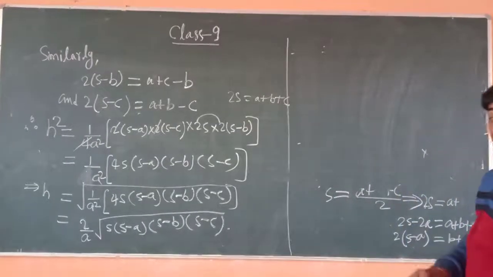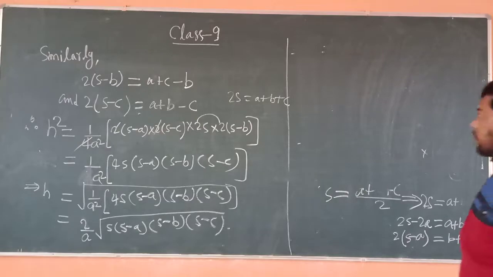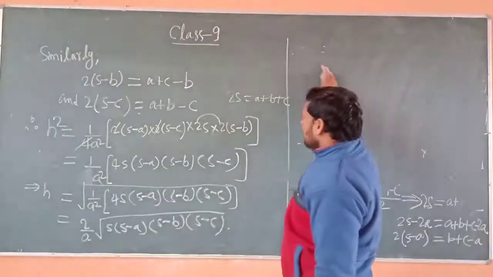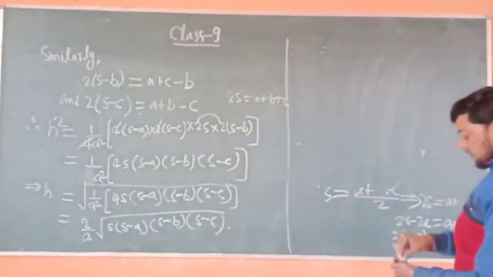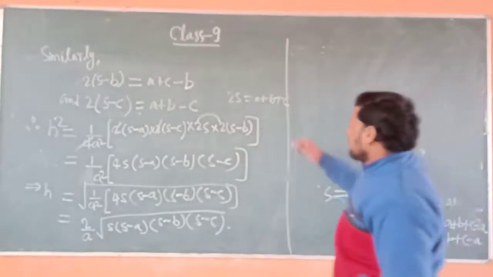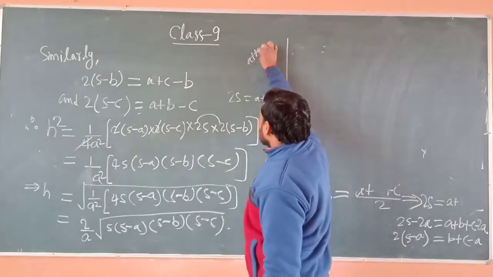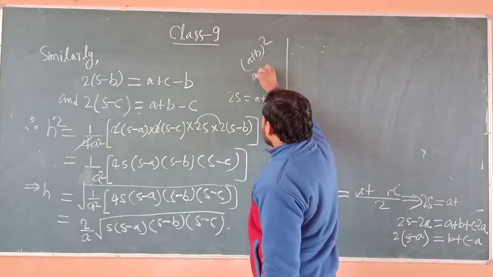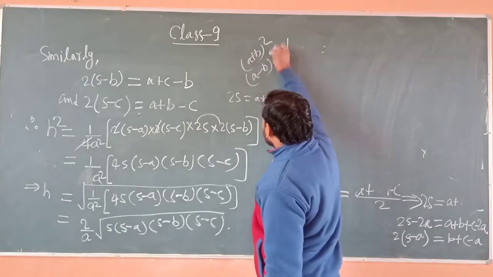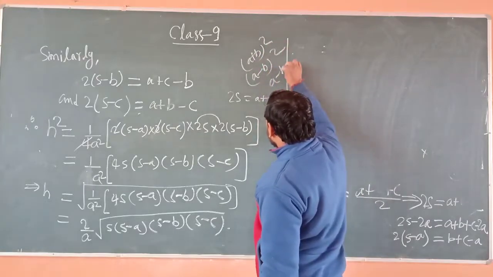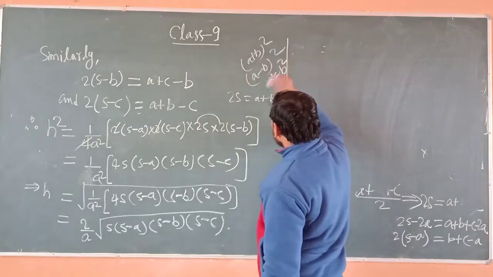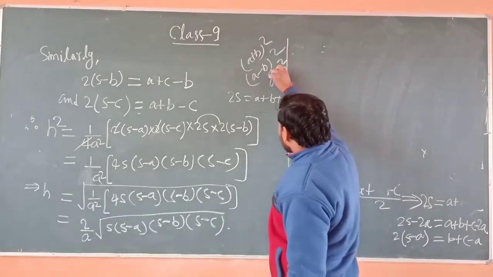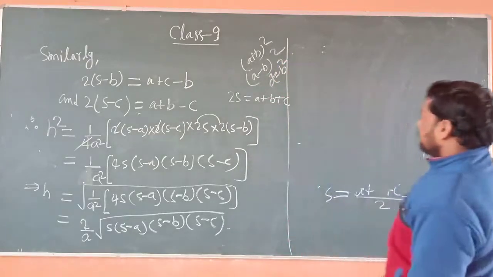Students, you will be thinking it is so long, but there are so many concepts. There is the concept of (a plus b) whole square, and there is the concept of (a minus b) whole square, and there is the concept of a square minus b square, and Pythagoras theorem.